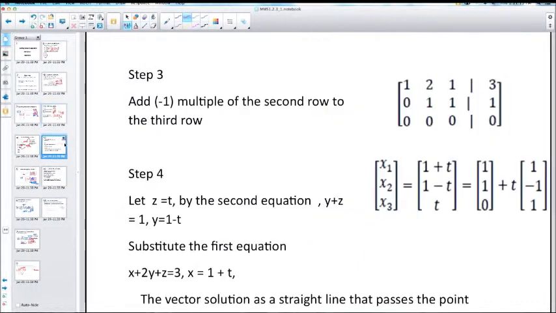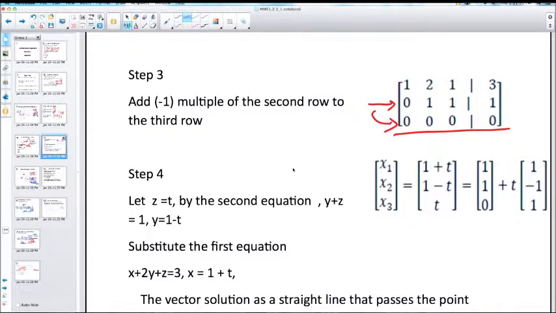Well, what's next? I'm going to multiply negative 1 of the second row and add to the third row. Automatically, the third row is all zeros. You turned it all to 0 because you cancel out. So you cannot get any equation from 0 equals 0.